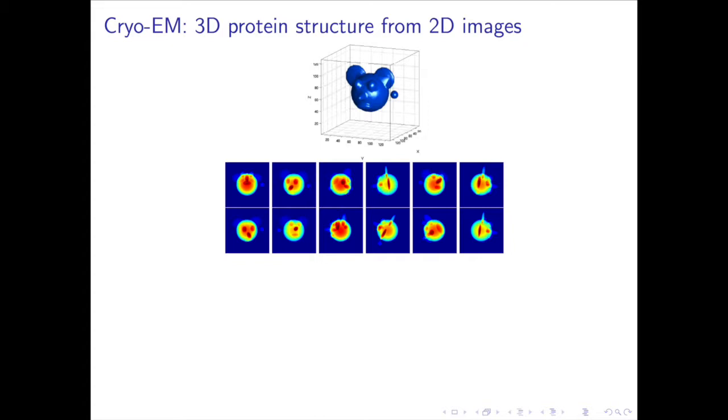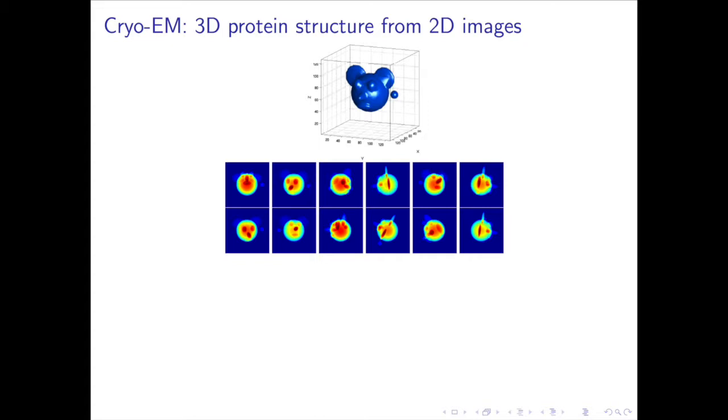Do you mean that the color represents the length of the fiber? The color is the value of the line integral. Okay. The line integral is just the length of the intersection, or not? No. So this 3D structure you should think of as a function from R3 to R. It's the electric field generated by the molecule.